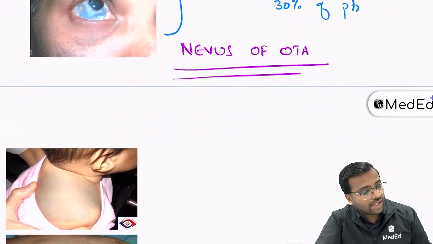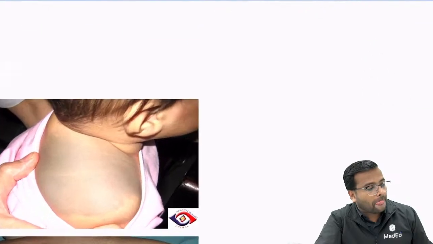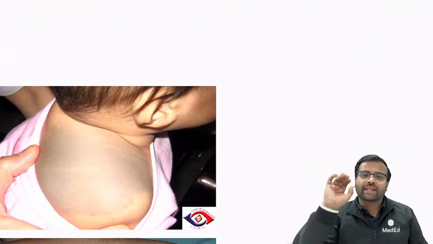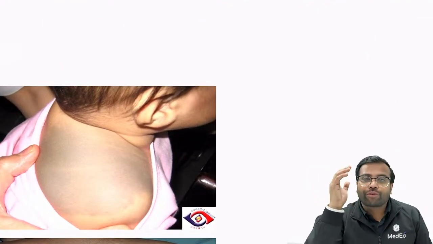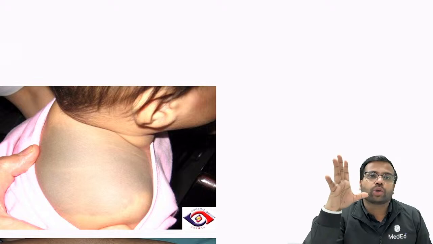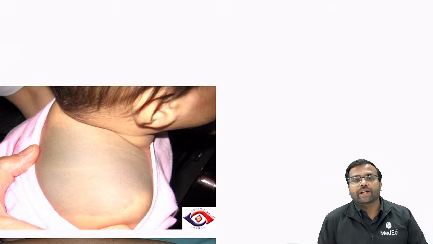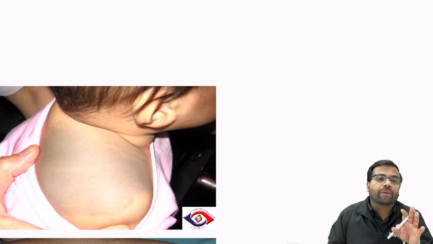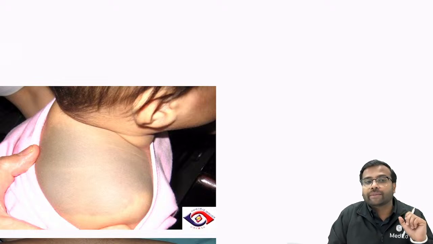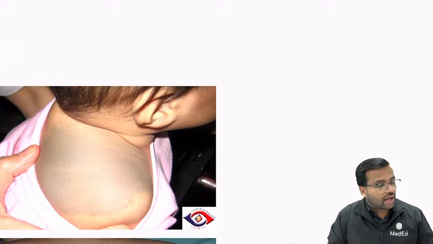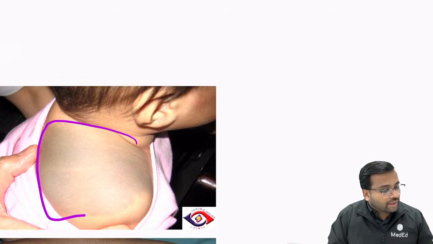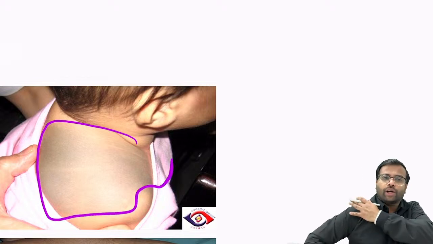Okay, so now let's see more images. We have discussed many things over the face. Now leaving the face, you come to a localized hyperpigmentation. In this image, where do you find this localized hyperpigmentation? You find it over this area, meaning our shoulder area.